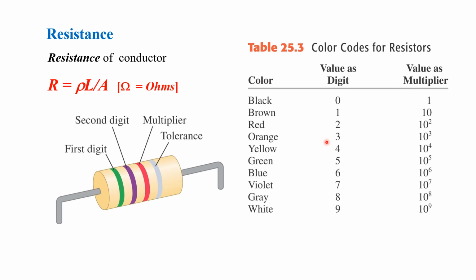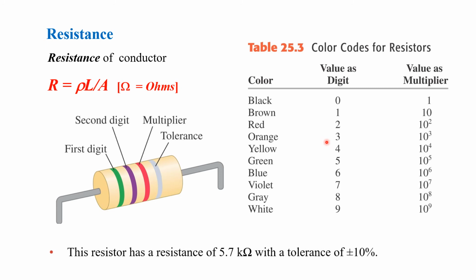You will have a separate activity for this one in reading the resistance of your resistors using the color codes. For example, green, the first digit, has a value of 5, and the second digit, violet, has a value of 7. So you have 57 times the multiplier, which is red, which is 10 to the 2.